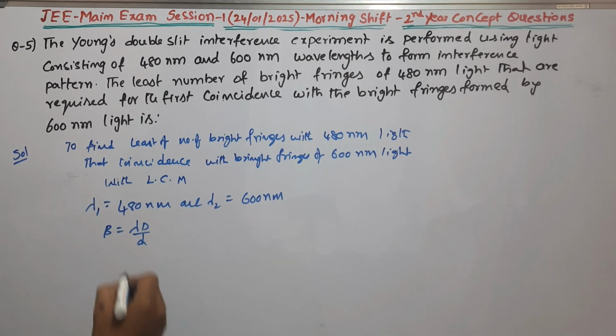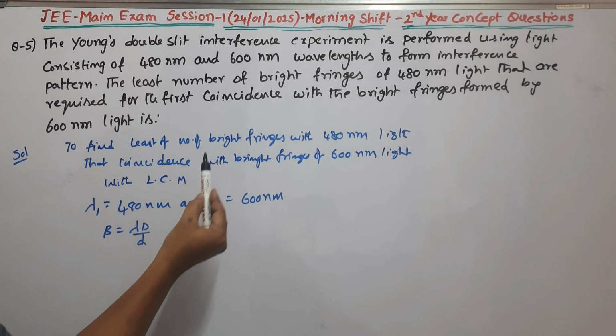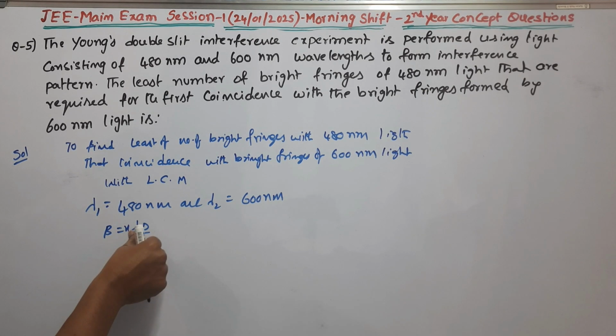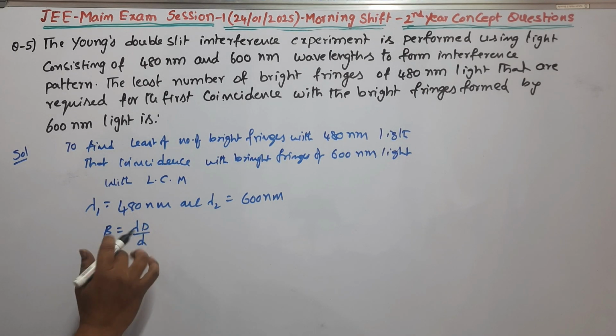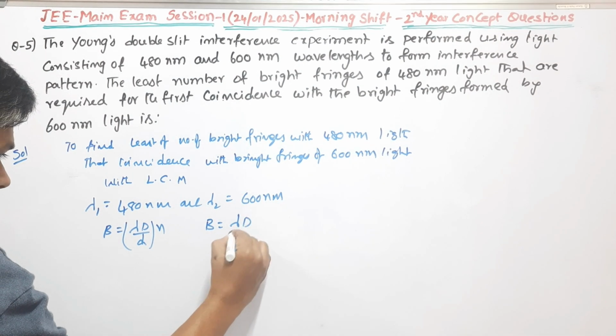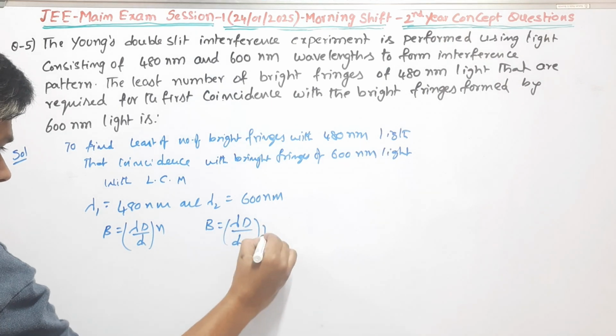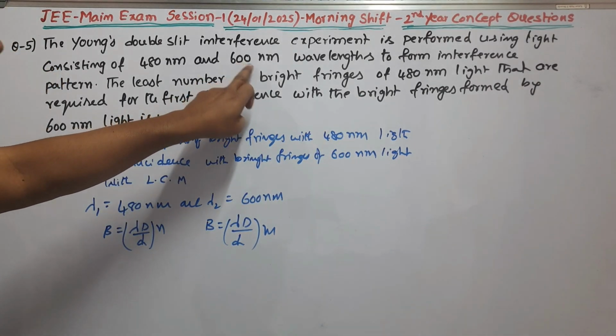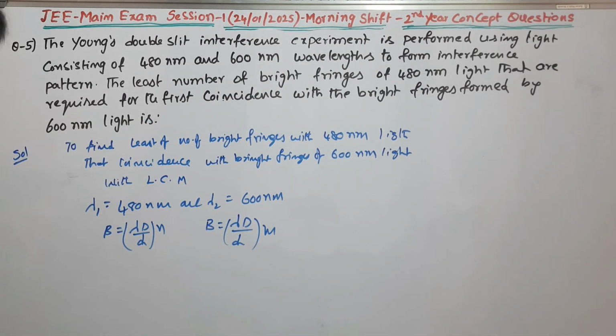Here, for using 480, the nth bright fringe is supposed to coincide with the mth bright fringe while using 600 nanometer wavelength light.